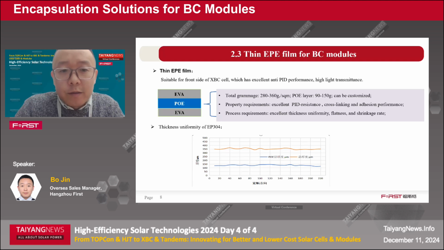And it also brings excellent thickness uniformity for each layer, and the flatness and the shrinkage rate. And here, the EP304, this is the model name of the UV through version EPE from us.